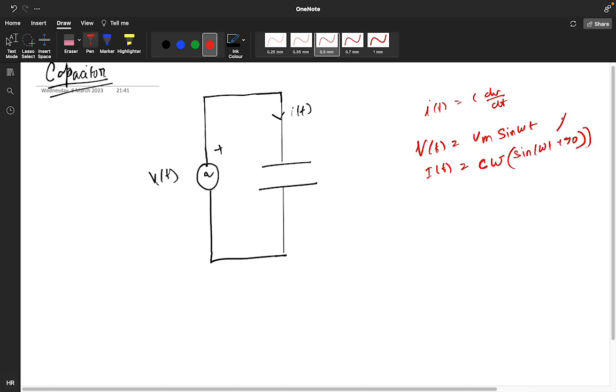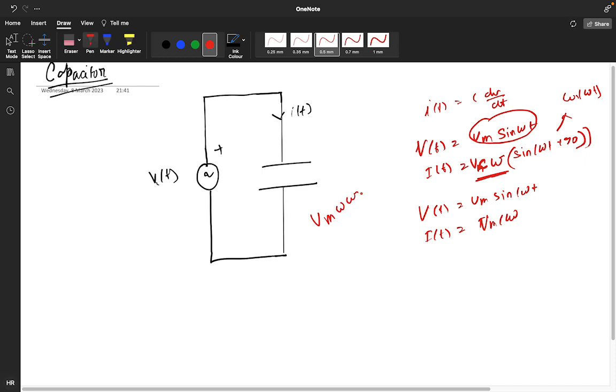This is cos omega t only, so that's why I have written in this form. Vm will also come because it's a derivation. If you differentiate this Vm sin omega t, you will get Vm omega cos omega t.